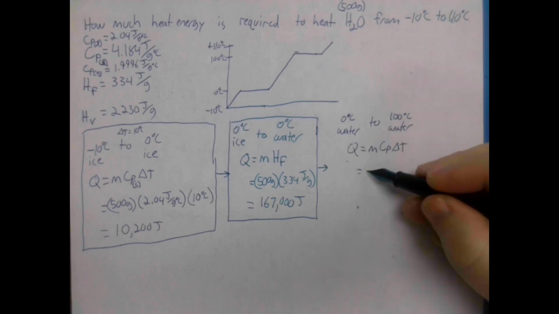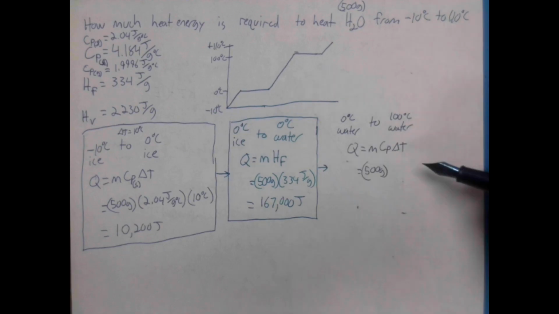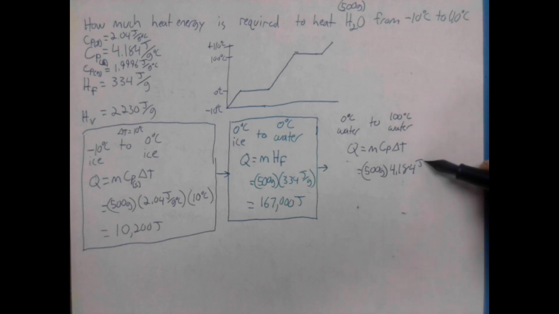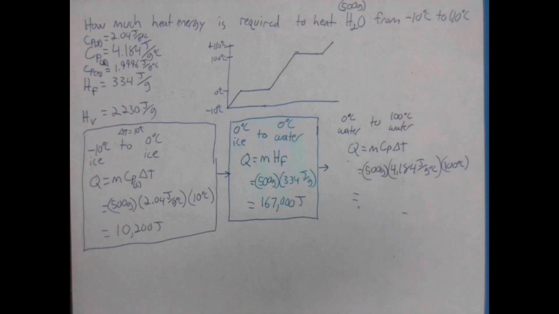So we have 500 grams times 4.184 joules per gram degree Celsius, and the change in temperature is 100 degrees. The energy required to do this is 209,200 joules.